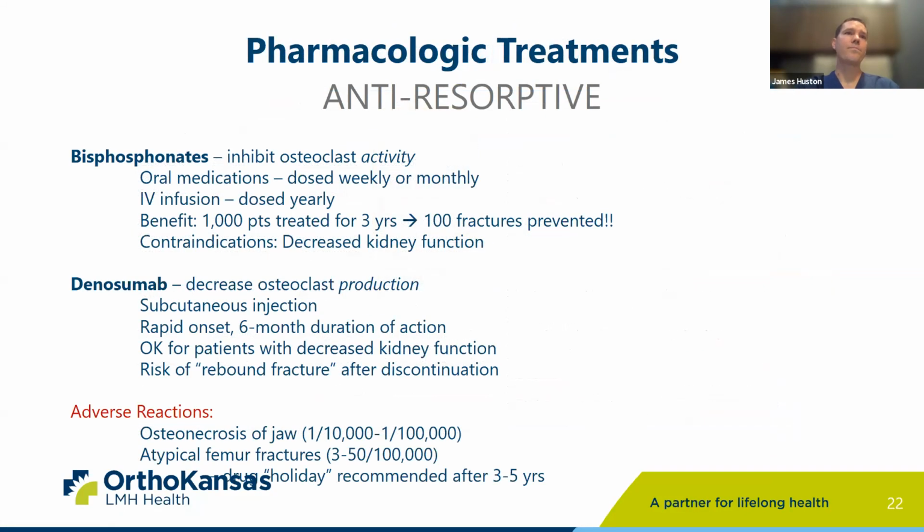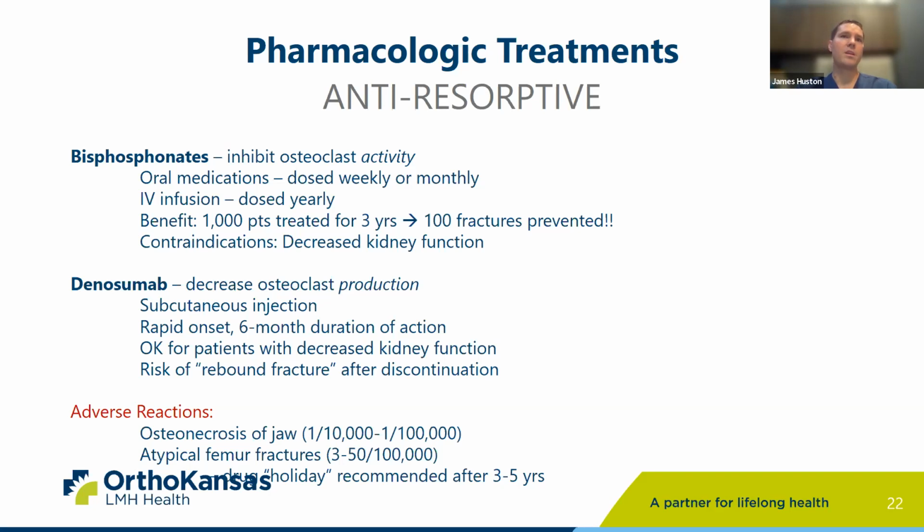So looking first at those bisphosphonates, like I said, they inhibit osteoclast activity. Depending on the medication, some of them are dosed weekly, orally, some of them are monthly. One of them is an IV yearly infusion, but they are sort of the mainstay for osteoporosis treatment.